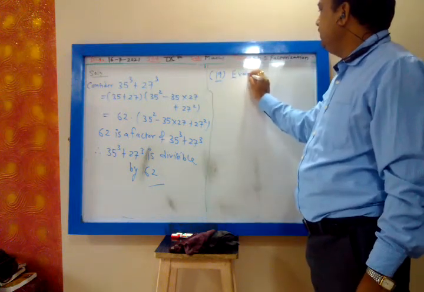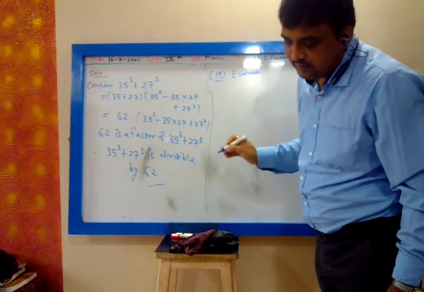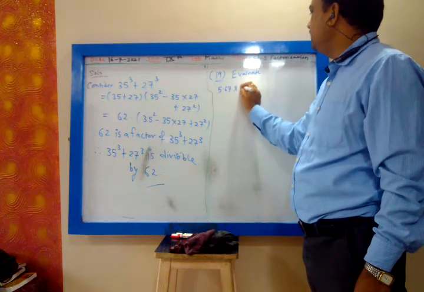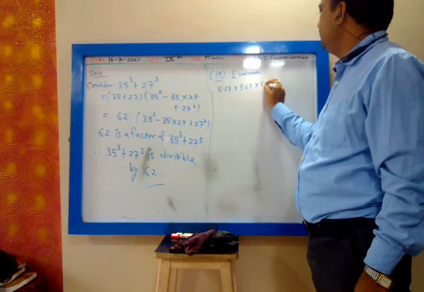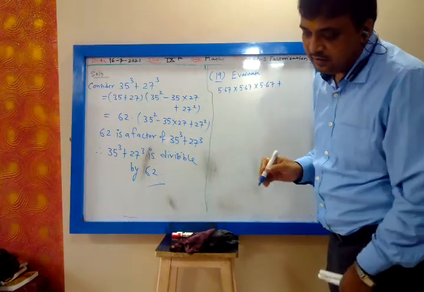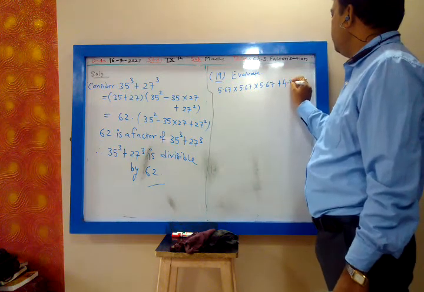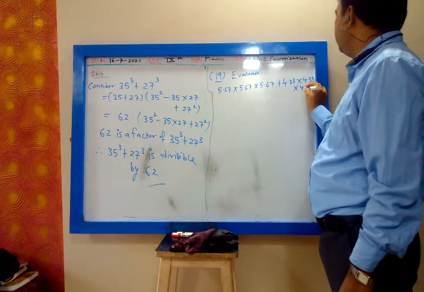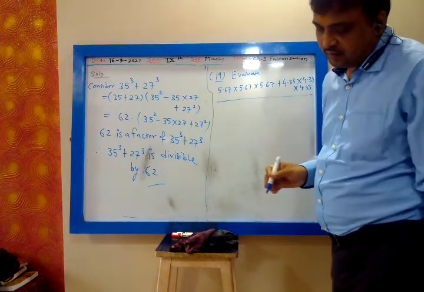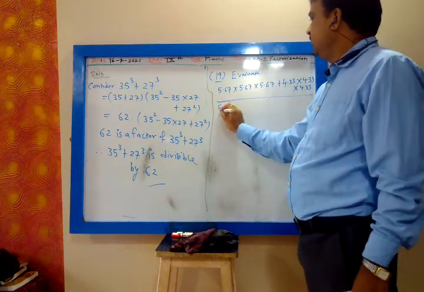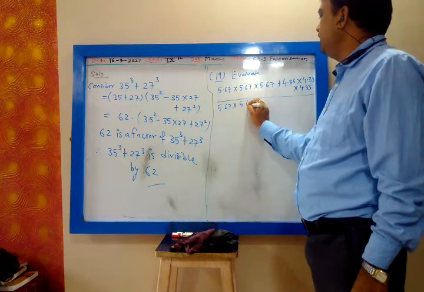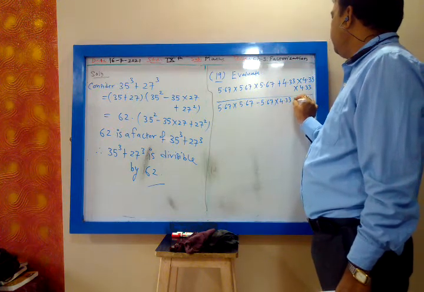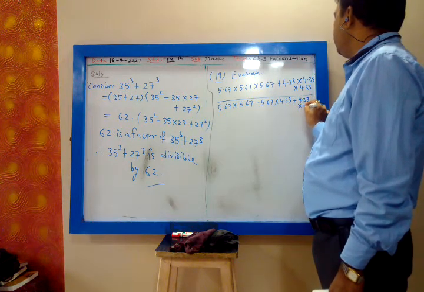Okay, so now question 19: evaluate 5.67 into 5.67 into 5.67 plus 4.33 into 4.33 into 4.33, divided by 5.67 into 5.67 minus 5.67 into 4.33 plus 4.33 into 4.33.